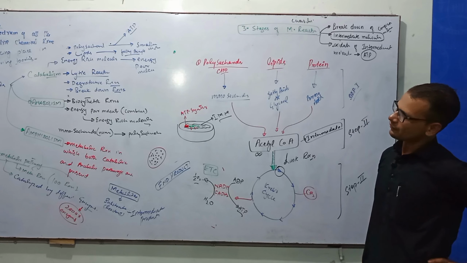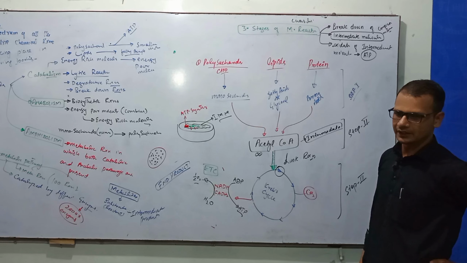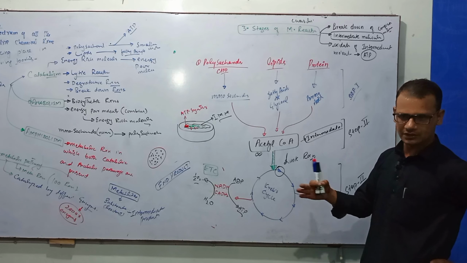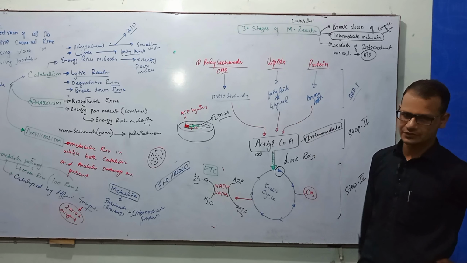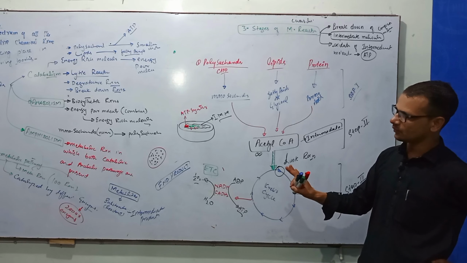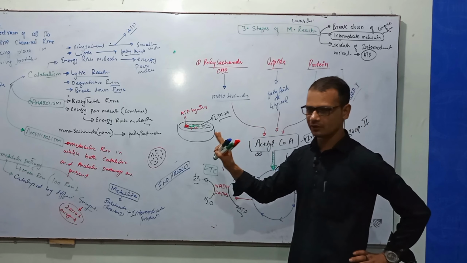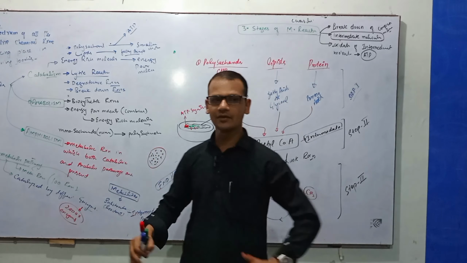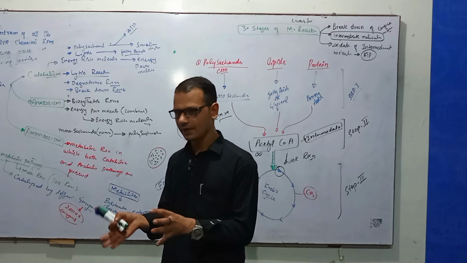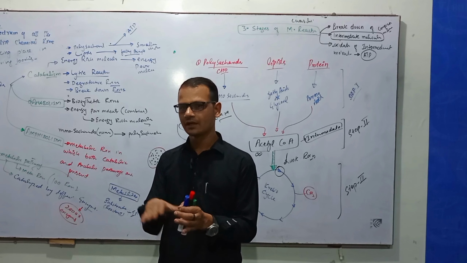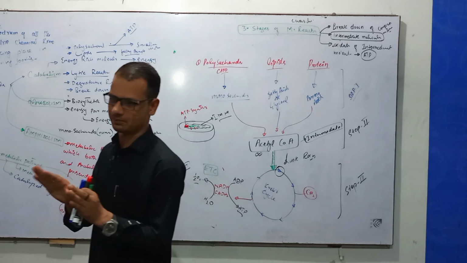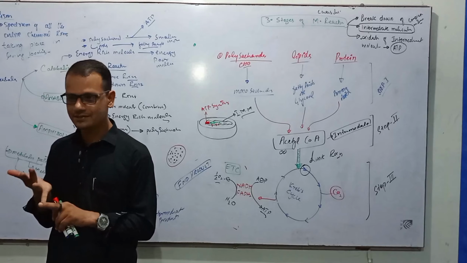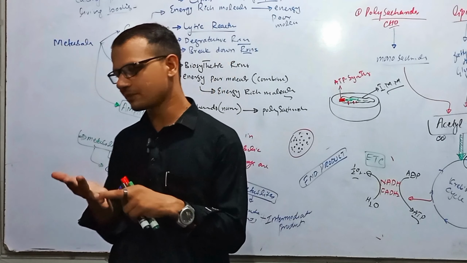Now we will go for metabolic reactions or metabolism of carbohydrates, right? First of all, we will discuss the introduction to the metabolism of carbohydrates, the entry of the carbohydrates into the cell, and then we will discuss the reactions step by step. First, we will discuss glycolysis. Second, we will discuss Krebs cycle.